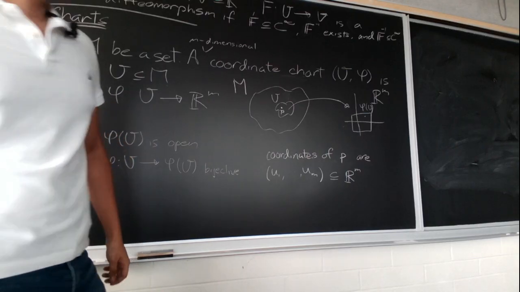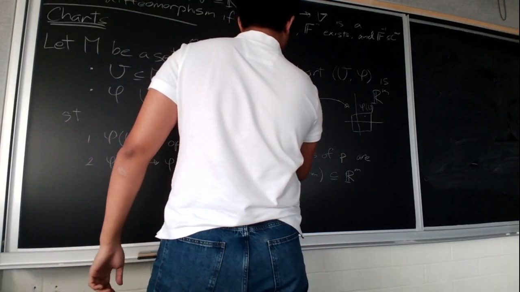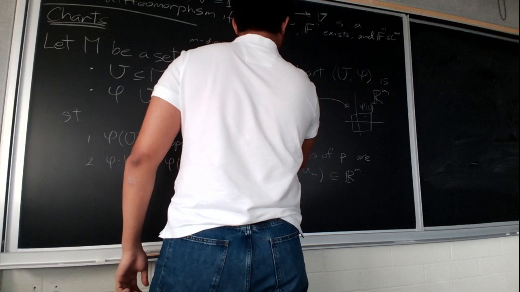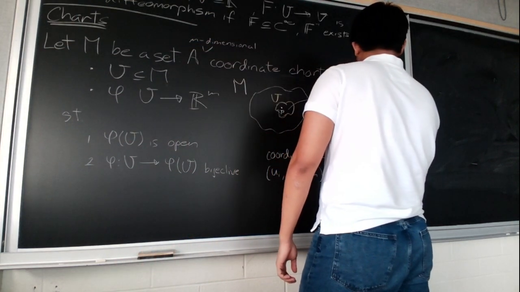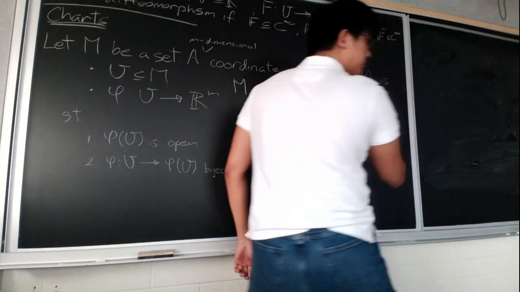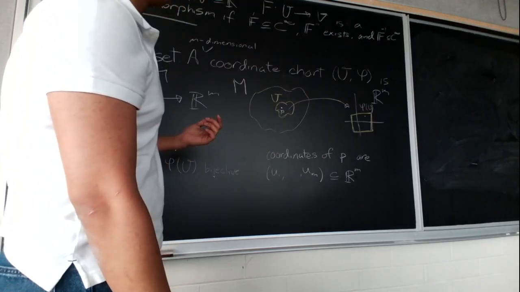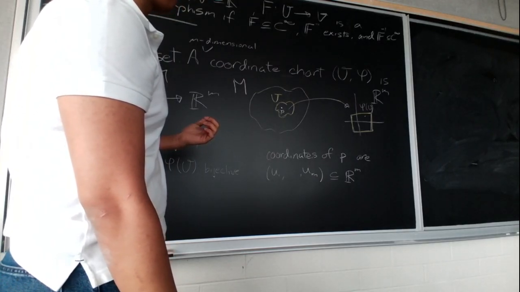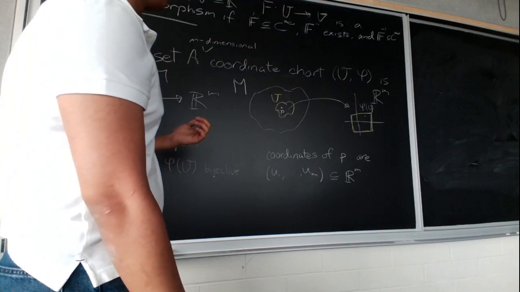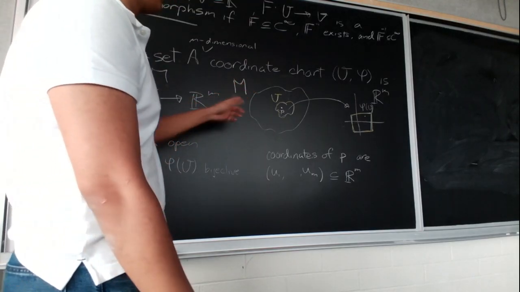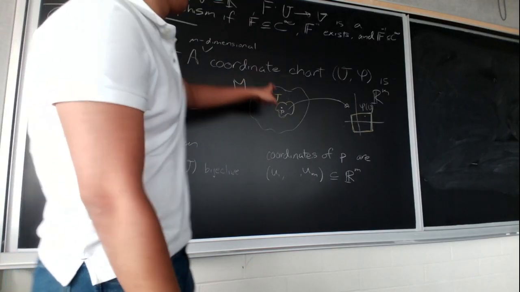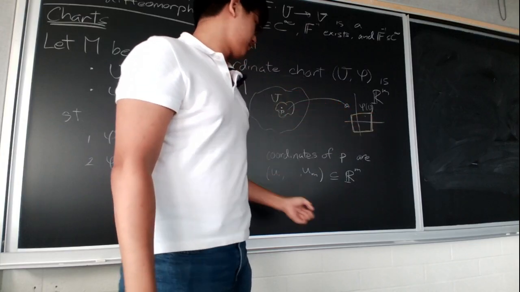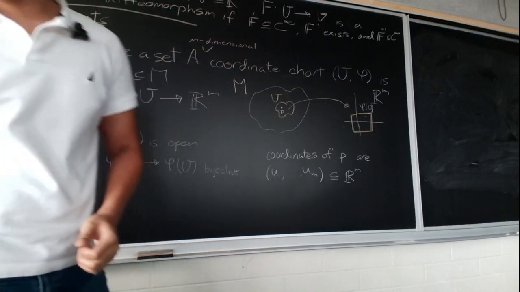Now we define this charts thing. What is the idea behind it? We can assign coordinates to objects that are similar to Rm. Suppose I have some object I want to do calculus on.